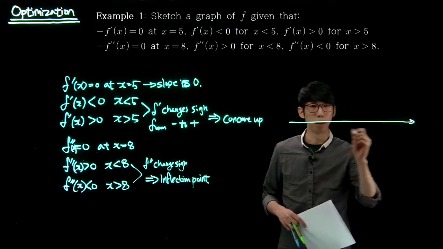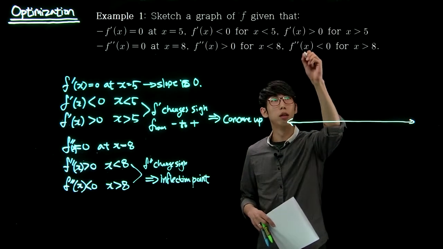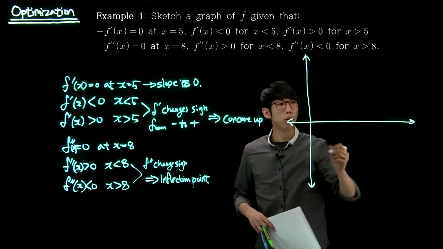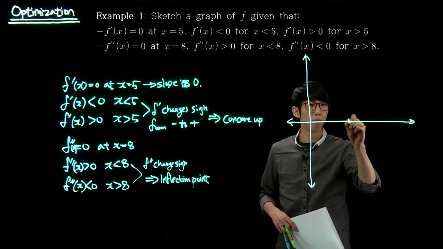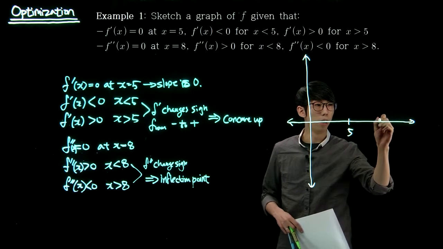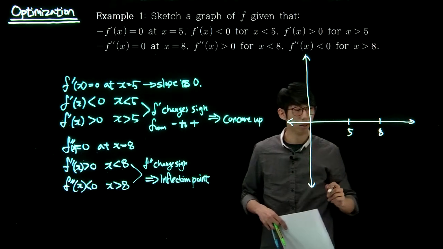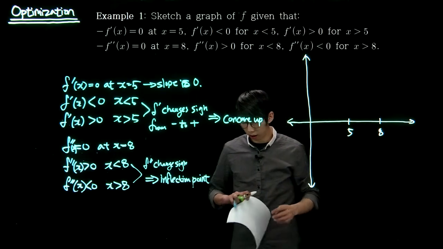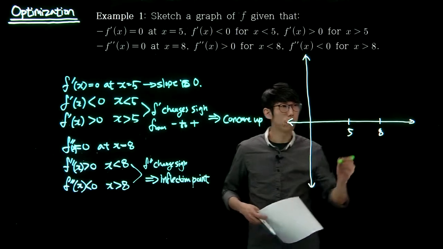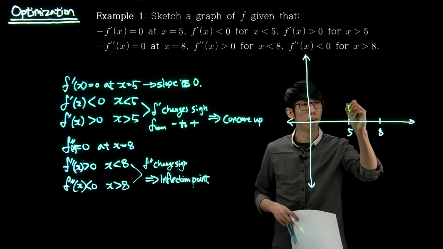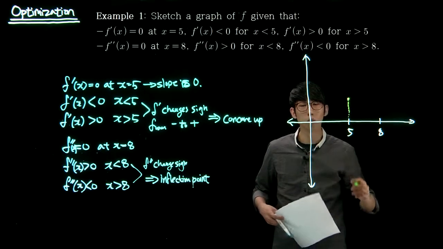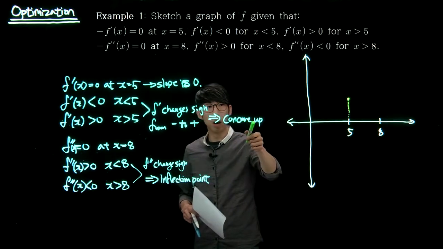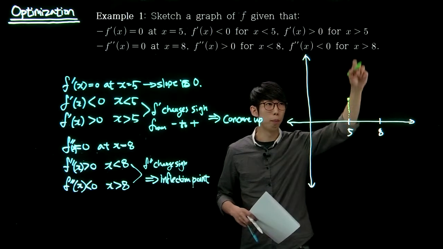Let's draw a nice big graph. So let's say we have our 5 here and 8 here. Okay? So at a certain point around 5, we have a local minimum. Okay? Because it's concave up, right? It's concave up, bending upwards.